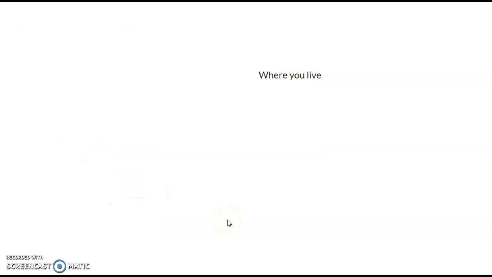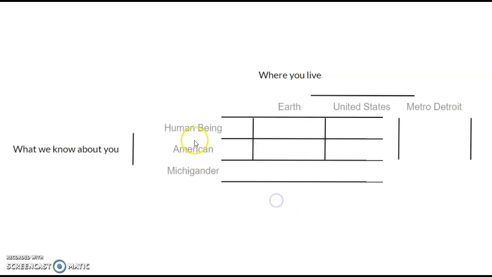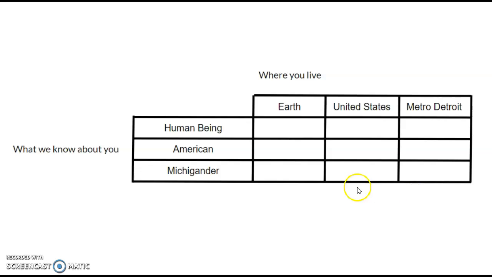So if I did this example of where you lived, about what we know about you, and made this chart here, if you told a person that you lived on Earth, you're able to know that they're a human being living on Earth. Now, they can't be sure if you're an American or a Michigander. You could be, but not necessarily. You could live somewhere else on this large planet.